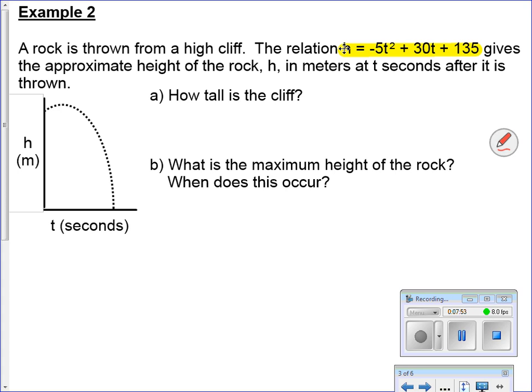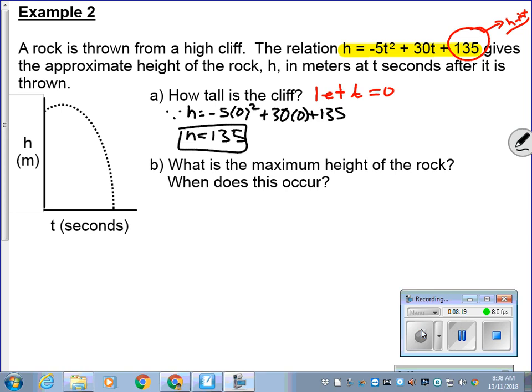So that's essentially letting t equal 0, i.e., if I take a look at this equation, this is my h intercept. This is the starting value for my basic equation. Now, what that means is the cliff is actually 135 meters tall.